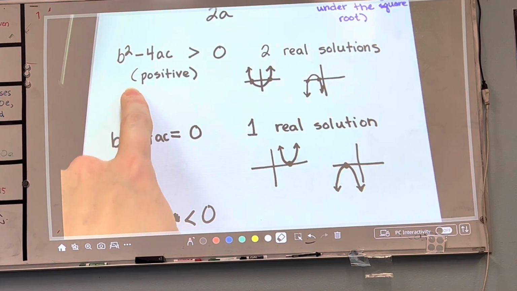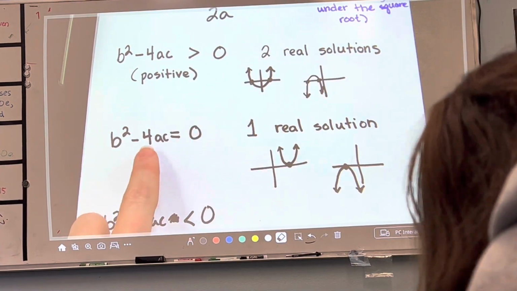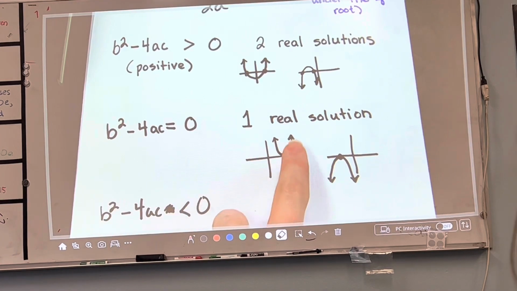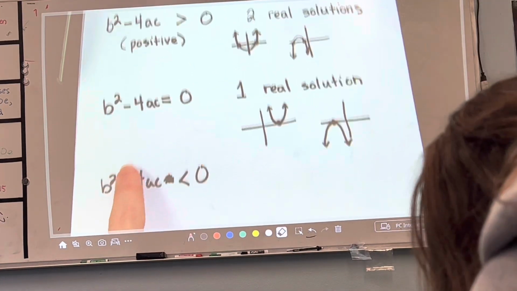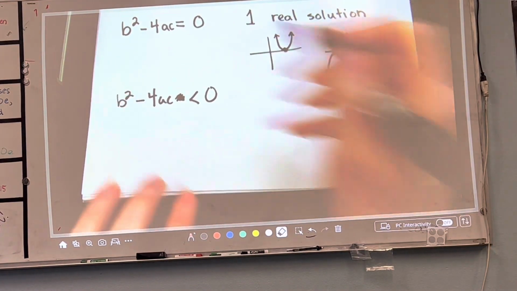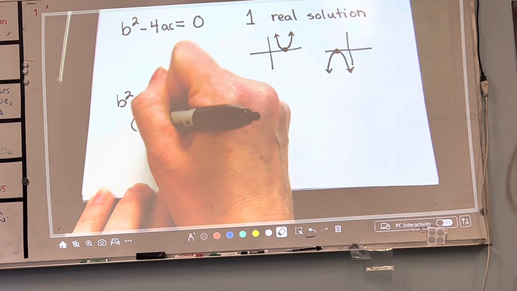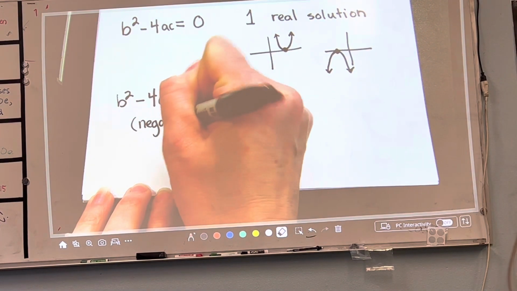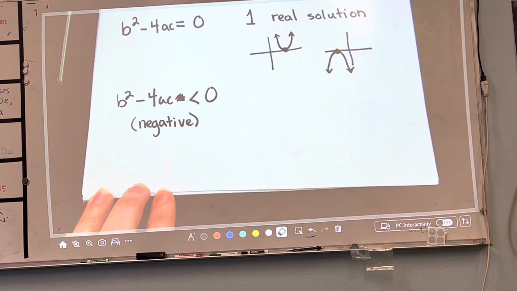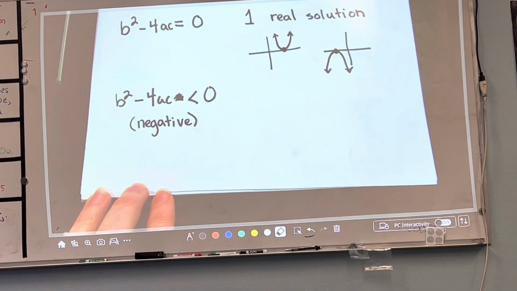If it's positive, we have 2 real solutions. If the discriminant equals 0, then we have 1 real solution. If it is less than 0, it's negative, right? Yes, that means it's negative. And if you have a negative under the square root, what kind of solutions do you have? No real solutions, so what kind are they? Imaginary.